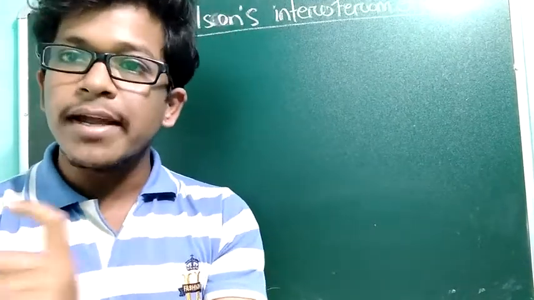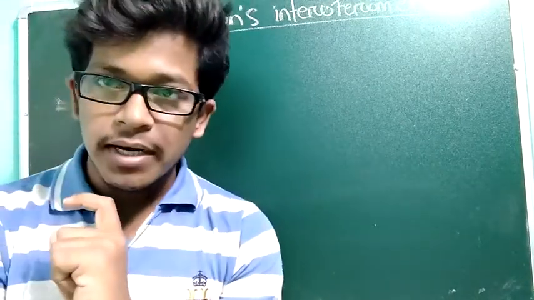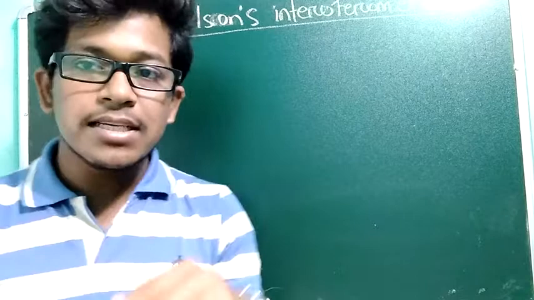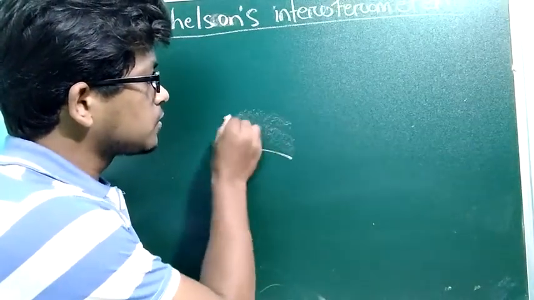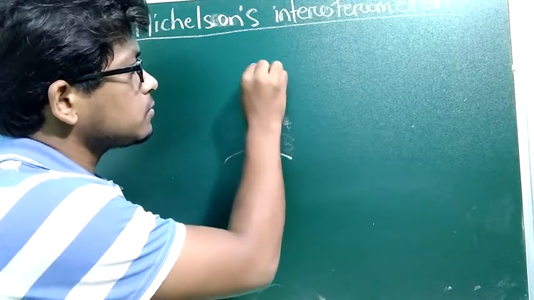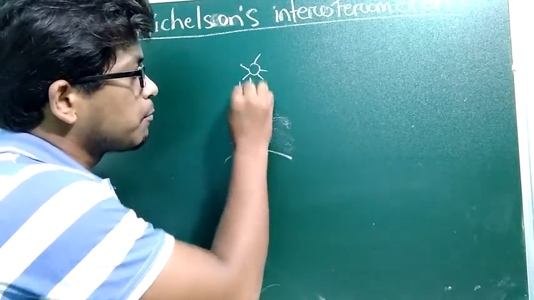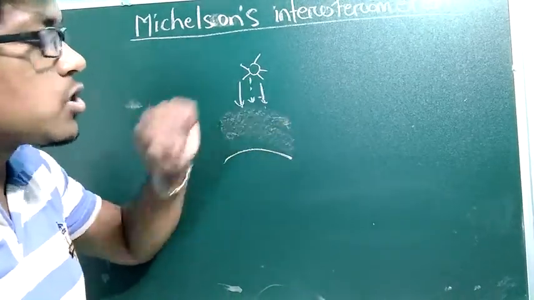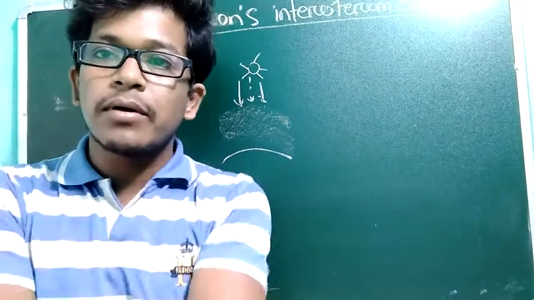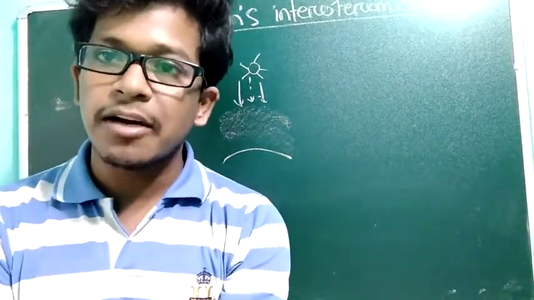He did that because in ancient times, scientists were telling there is a medium. This is your earth, this is your earth atmosphere, this is your sun. Your sunlight is coming. People were telling that between the earth atmosphere and sun, there exists one more medium, and they first named it ether medium.